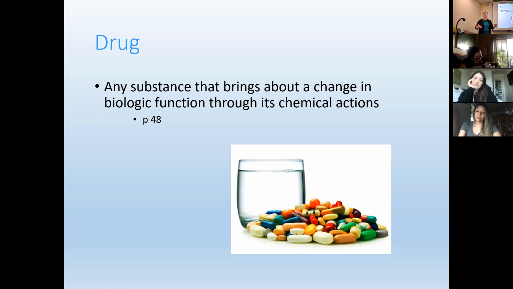We'll talk about, okay, what are the pharmacodynamics here? What pharmacokinetics might we be talking about? What's the half-life? So these are terminologies that need to be part of your thinking and your vocabulary as we are talking about the different drugs.